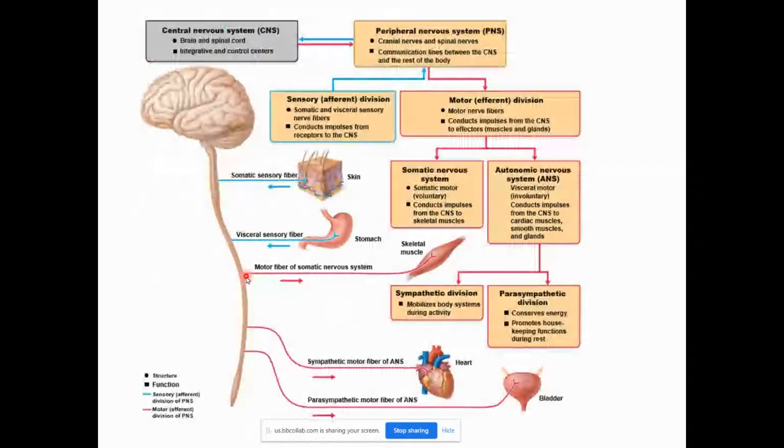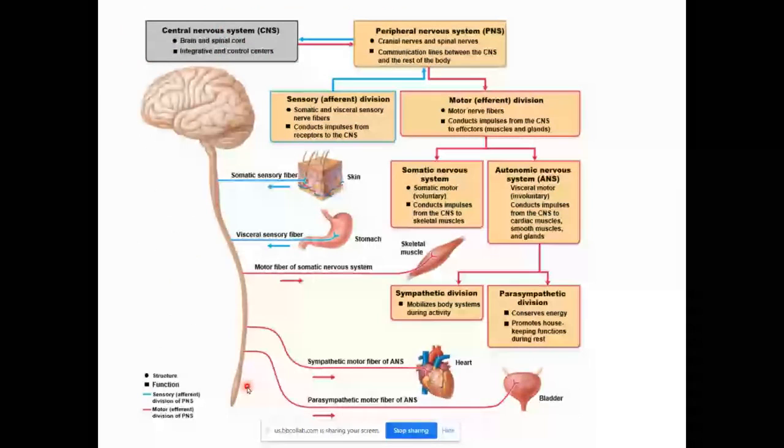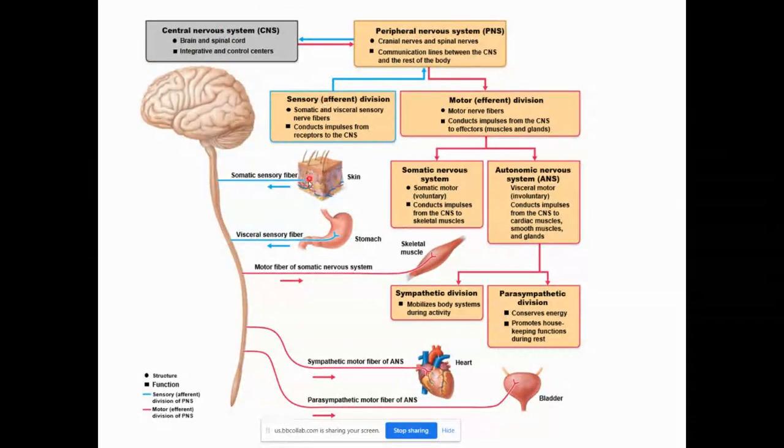And I went through that kind of fast, but here is your entire summary of what we just went through, right? CNS, brain and spinal cord, that's done. PNS, that's your nerves, cranial nerves, spinal nerves, all the nerves in your body. Now they can be sensory, which means they deliver information to the CNS.